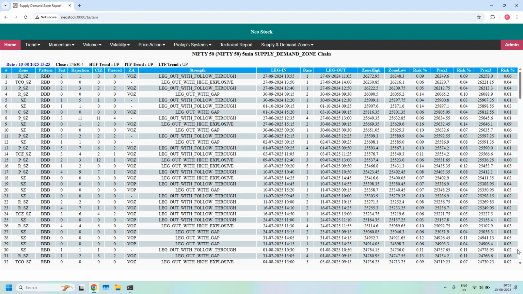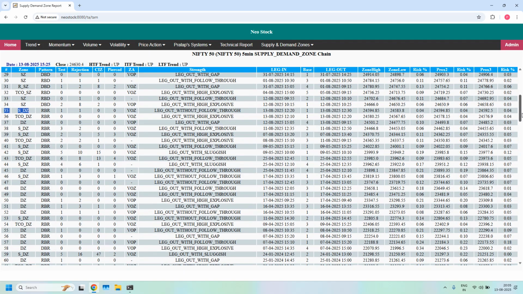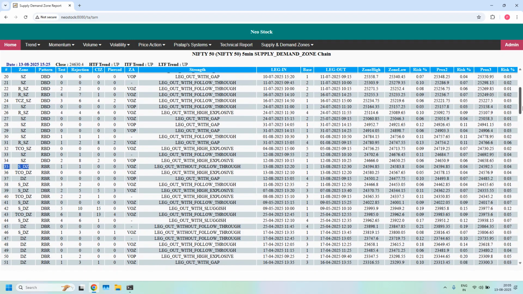I'm scrolling the list down. So the nearest demand zone for the current closing price is serial number 35. Let me adjust in the middle of the page. Okay. So this is about Nifty 5 minute supply demand zone chain.